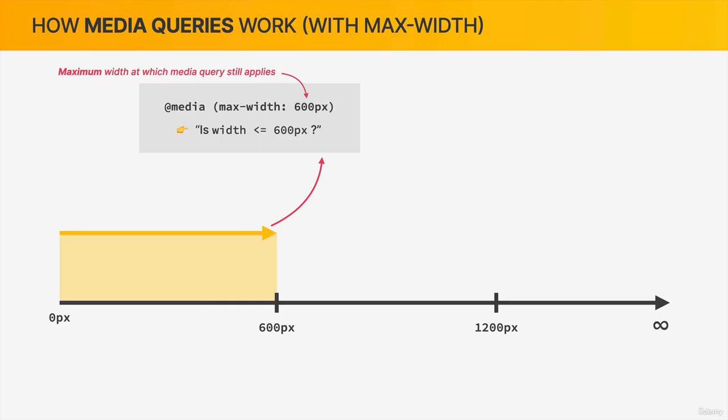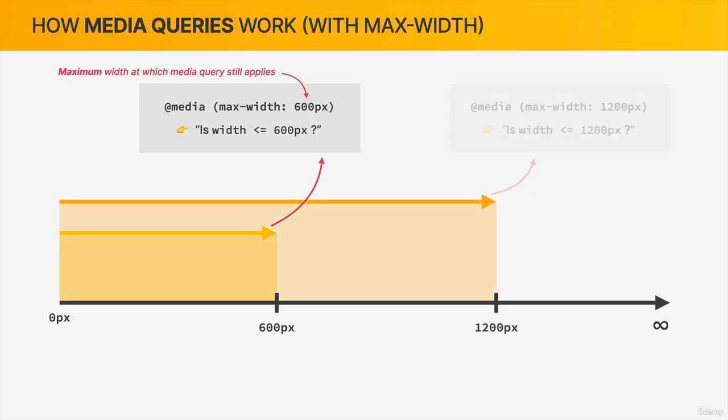All right. Now let's try another one, because of course we can create more than just one media query. For example, if we wanted to cover the space from 0 to 1200 pixels, we would write a media query like this, with max width 1200 pixels. This media query basically asks the question, is the width less or equal than 1200 pixels? If it is, then of course the code in this media query will be applied.